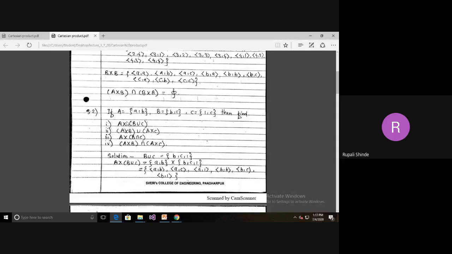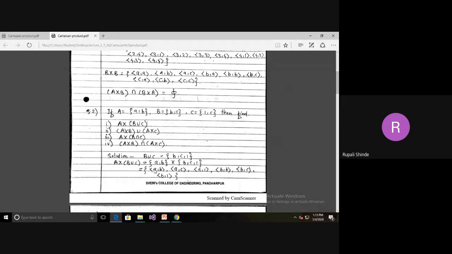Now we have to take the Cartesian product of A with B union C. The members of set A are a and b. So {a, b} Cartesian product {b, c, 1}. First consider the first element of set A, that is a.